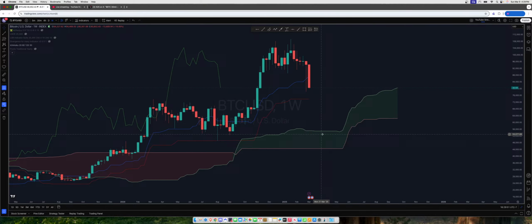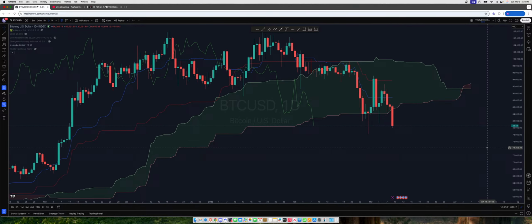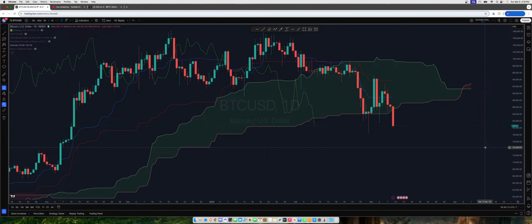Daily looks like ass. I think I called it on Discord a few days ago. Cloud flip bearish. We are now trading underneath the cloud. Everything on daily time frame is ultra bearish. This is what you want to see if you're short, not if you're long.